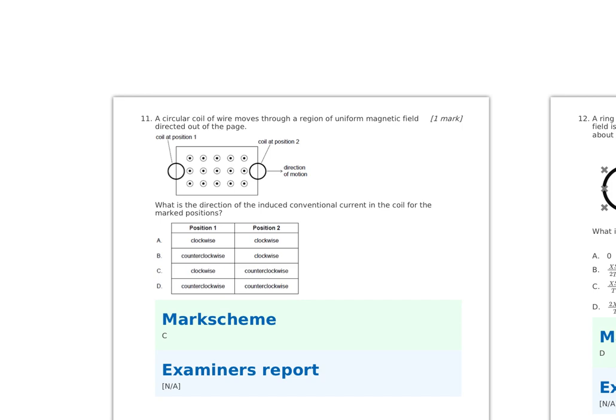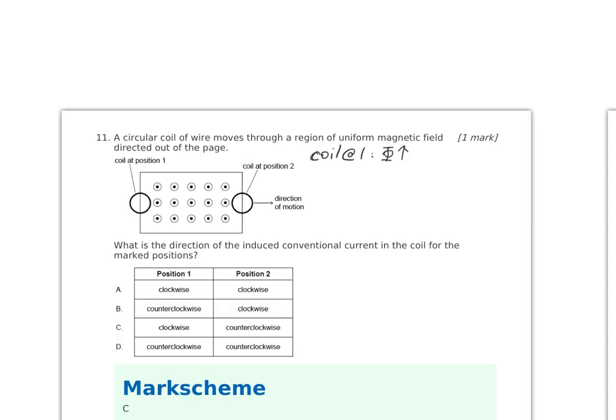As the coil moves into the field, coil at position 1 is moving into the field, and therefore the flux is increasing, and so the induced magnetic field is going to oppose that increasing flux.